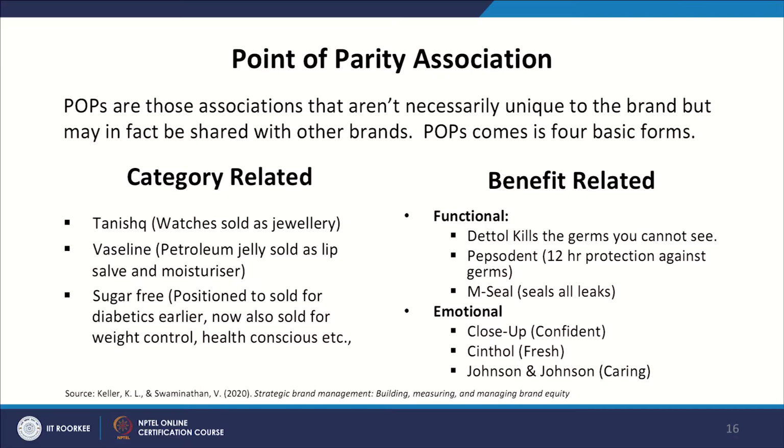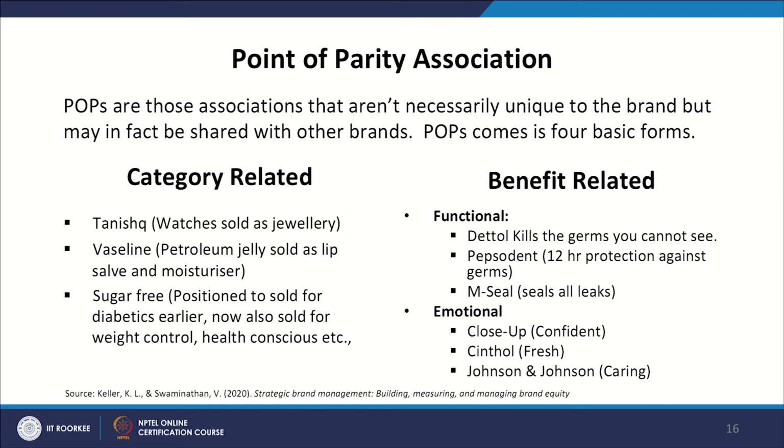Point of parity associations can be category related or benefit related. For example, Tanishq watches being sold as jewelry, Vaseline petroleum jelly sold as moisturizer, Sugar Free positioned and sold for diabetes earlier, now also sold for weight control, health consciousness, etc. So, these are category related points of parity associations.